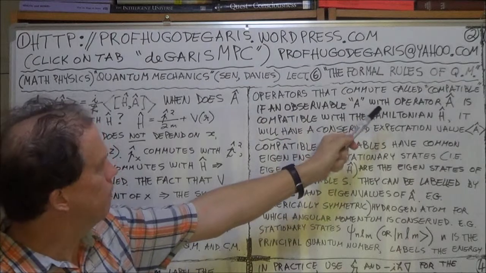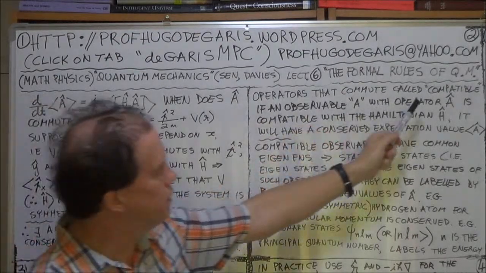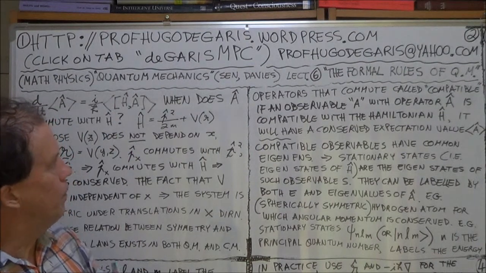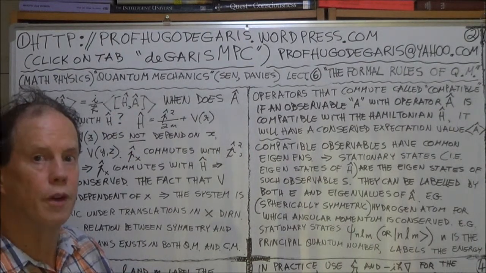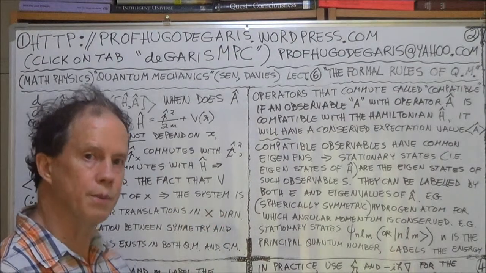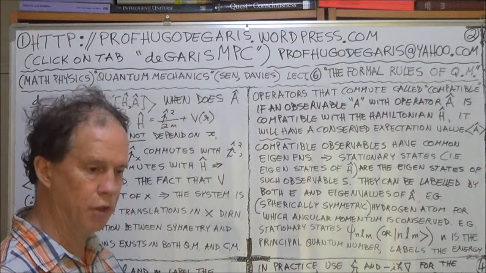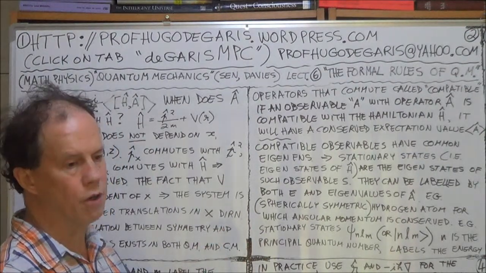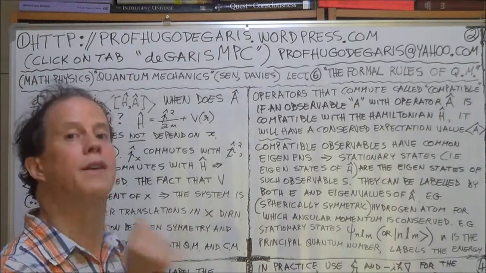So if you have operators, they're said to be compatible if they commute. In other words, take two observables, A and B, with corresponding operators A hat and B hat.